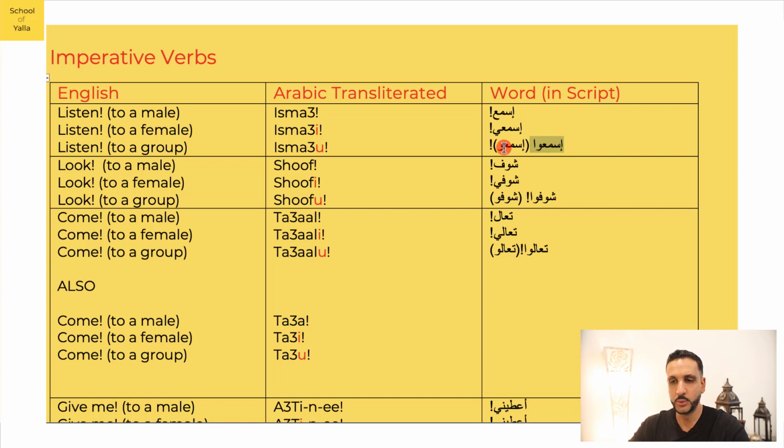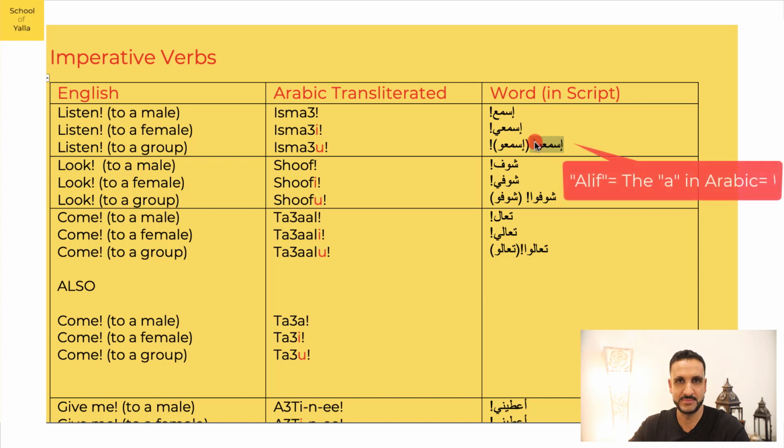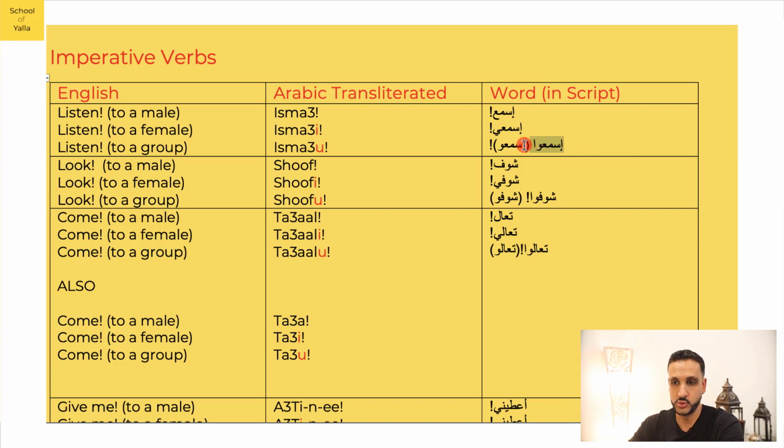However, phonetically, we can take out the alif because it's just there for a grammatical or spelling rule. But if you want to spell it how it sounds, this is how isma'u looks phonetically. Okay, shuf, shufi, shufu, similar. Ta'al, ta'ali, ta'alu. Come to a female, come to a group.